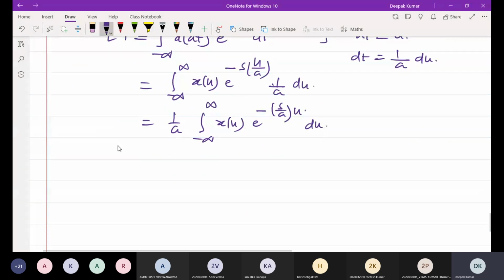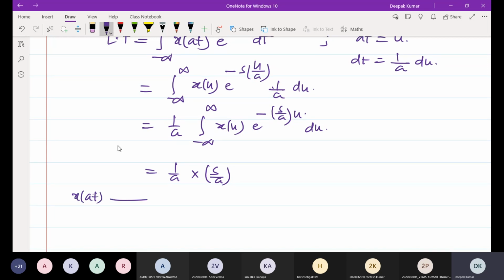Here this expression is similar to the formula that we use to transform to Laplace domain, but with the difference that here s is given as s by a. So wherever s is present, you put s by a. In place of x of s, you now take x of s by a. So the Laplace transform of x of at will become 1 by a x of s by a.